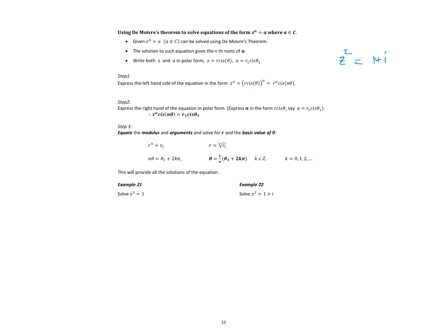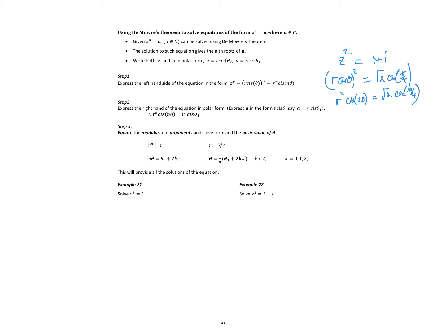So the polar form of z is just r cis theta, that's the left hand side. The polar form of 1 plus i is root 2 cis pi on 4. And so the left hand side now becomes r squared cis 2 theta equals root 2 cis pi on 4.